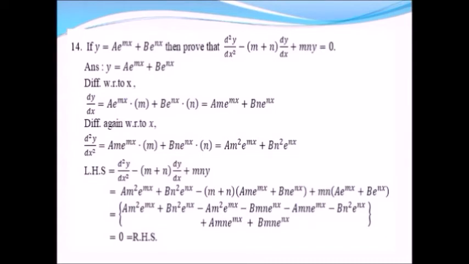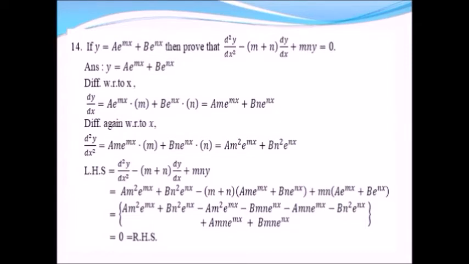Simplify, that is a m square e to the power mx plus b n square e to the power nx minus m into the first term, that is a m square e to the power mx, minus again m into b n e to the power nx, that is same as b m n e to the power nx.